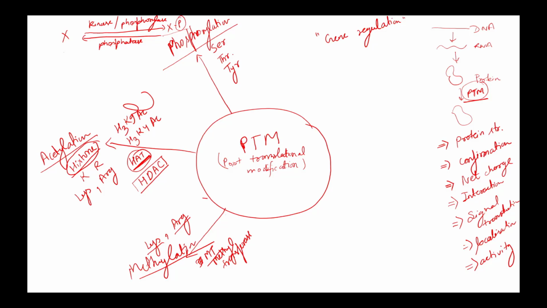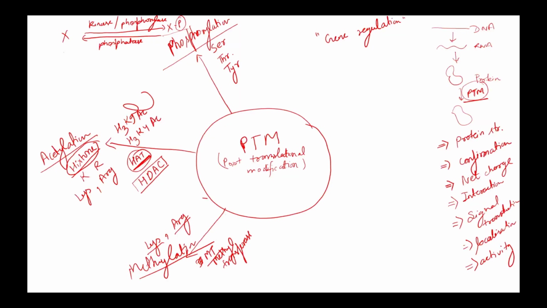As we saw, acetylation is important for activation, or works as an active mark of transcription, while at the same position, if methylation takes place, it makes that locus inactive, or it is a repression mark.